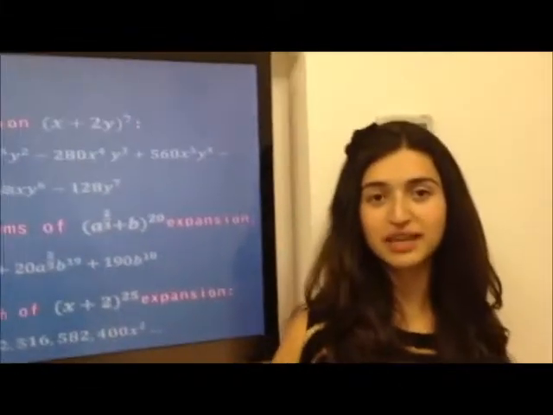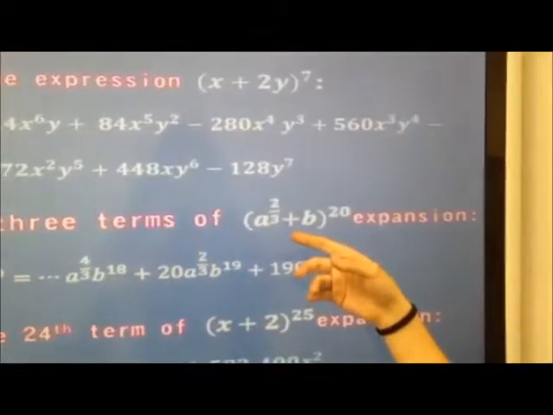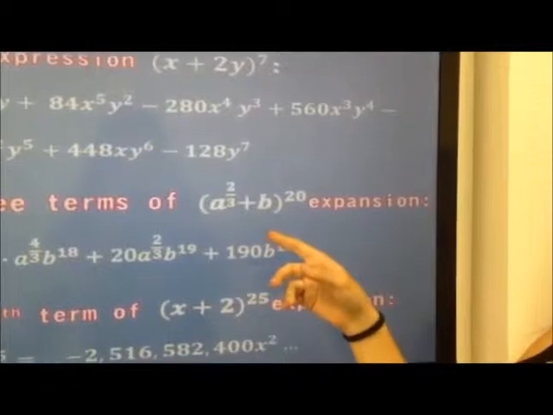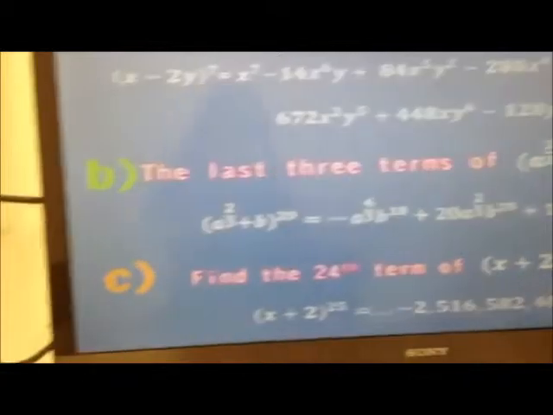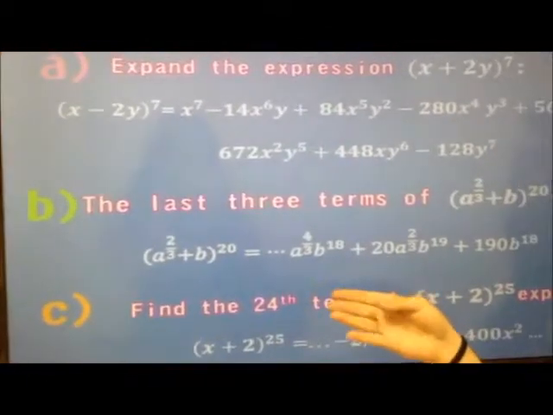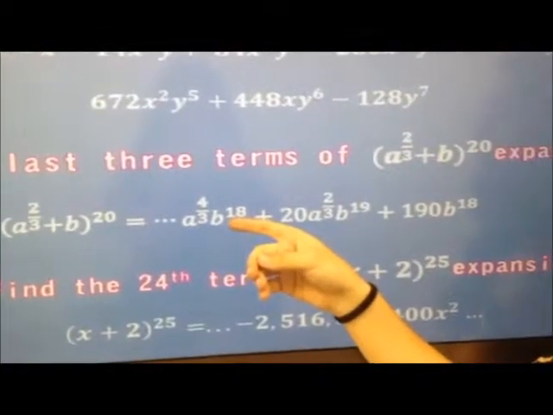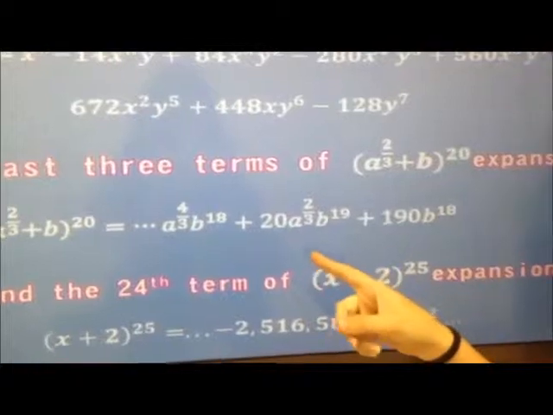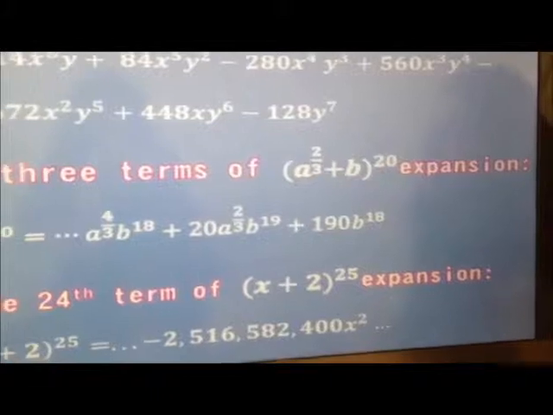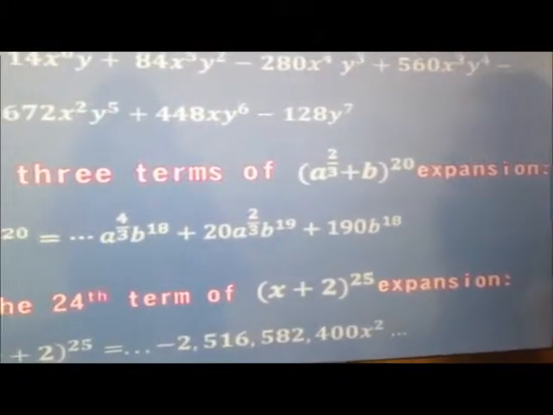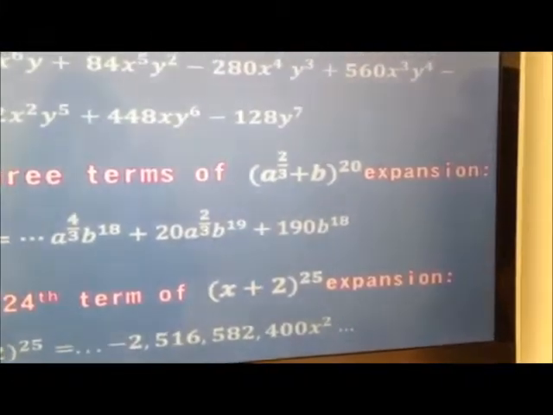In the second exercise, we have to find out the last two terms of a to the 2/3 degree plus b, all of these elevated to the 20th degree. So we will find out that the last terms will be a to the 4/3 degree, b elevated to the 18 plus 20 times a to the 2/3 times b to the 19 plus 190 times b to the 18.